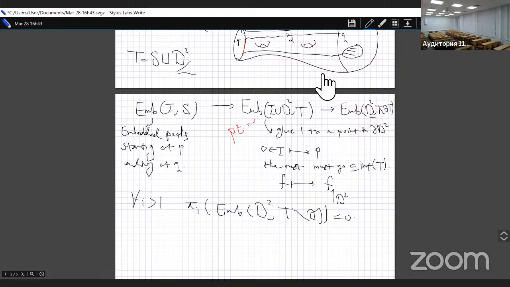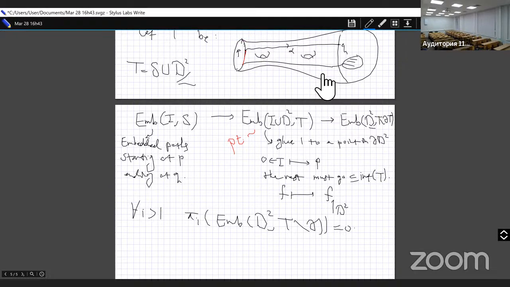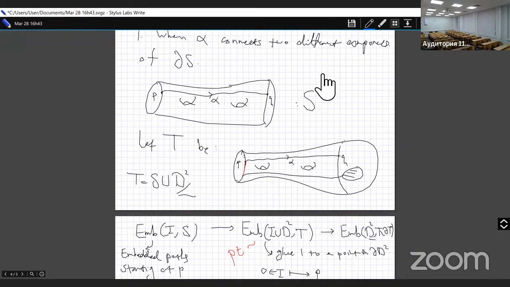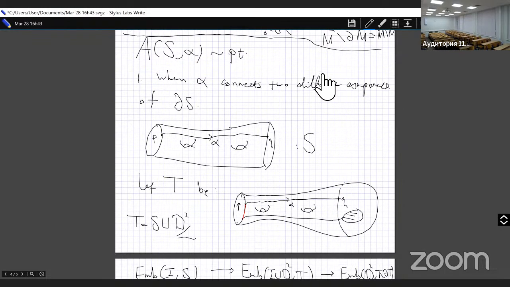This is another claim, and together they show that the path components of the left one, the fiber, are contractible, and one of the path components is this one.